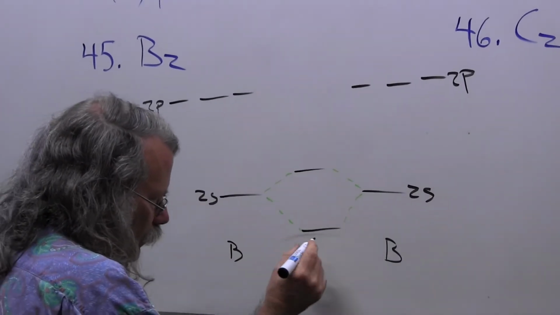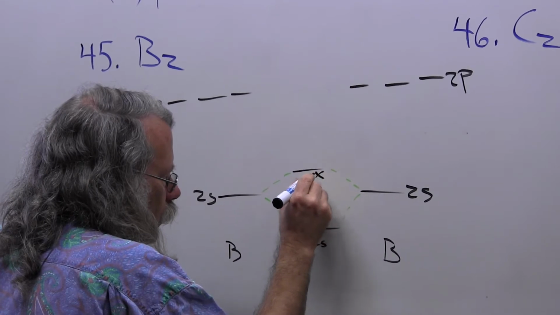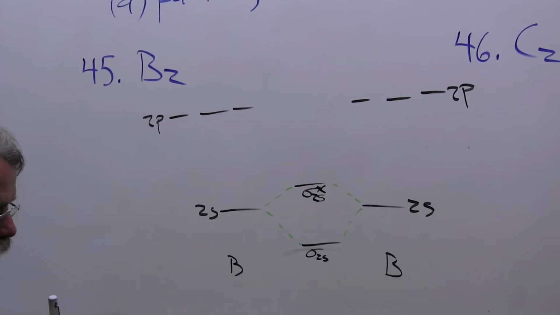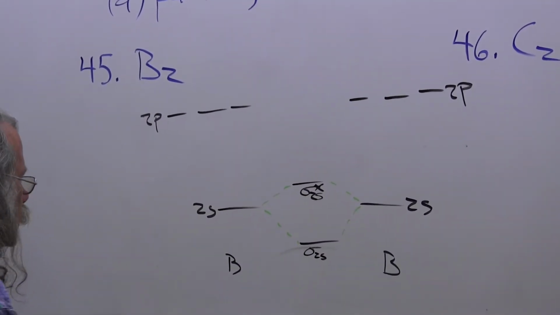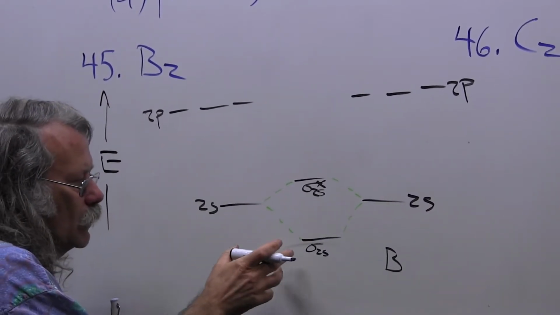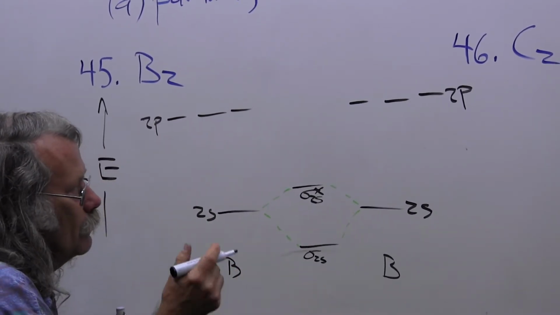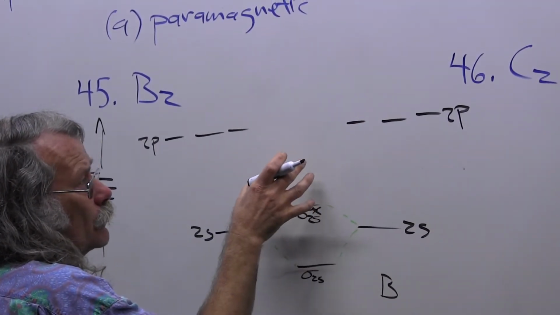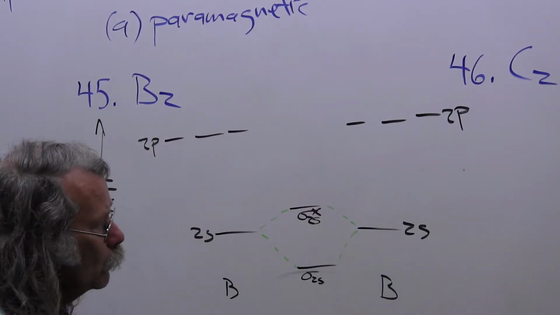And so the sigma 2s and the sigma star 2s is pretty straightforward. We know that ordering, and they're going to be split equal distance. The anti-bonding is going to be driven up in energy the same amount that the corresponding sigma 2s is driven down. The bonding is driven down in energy. But now, what is the energy of the orbitals that arise from combinations of the atomic 2p orbitals?